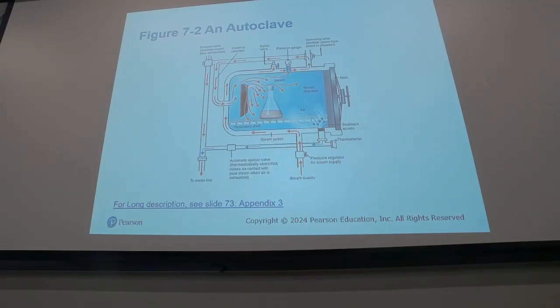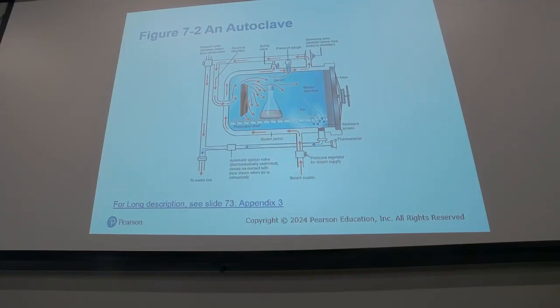And then when the right pressure is found within this chamber, if you have, for instance, liquid media inside, you have to have a cotton plug covering the opening of the flask, or you may have that plus a little lid made with aluminum foil.